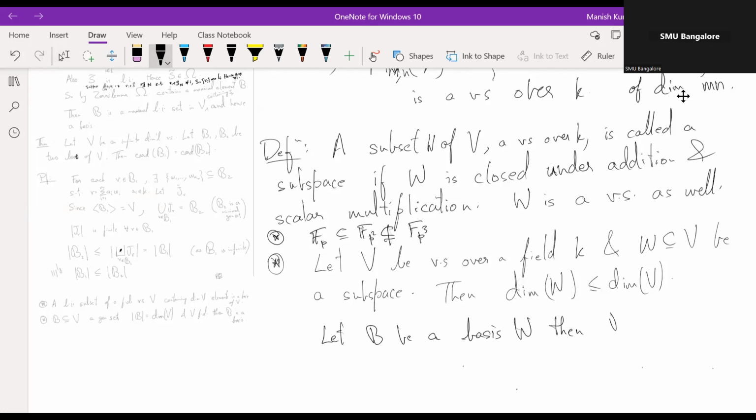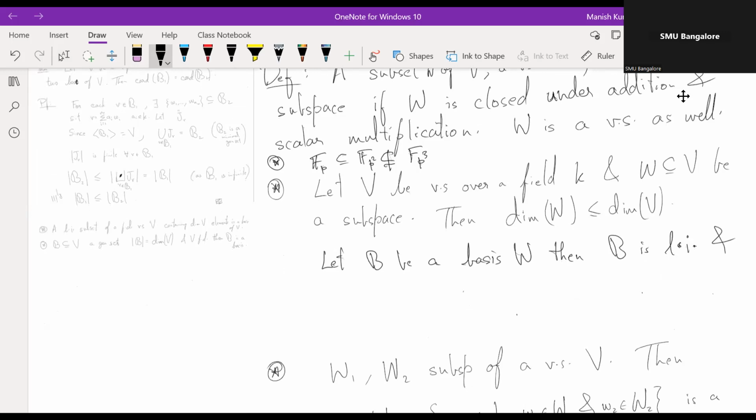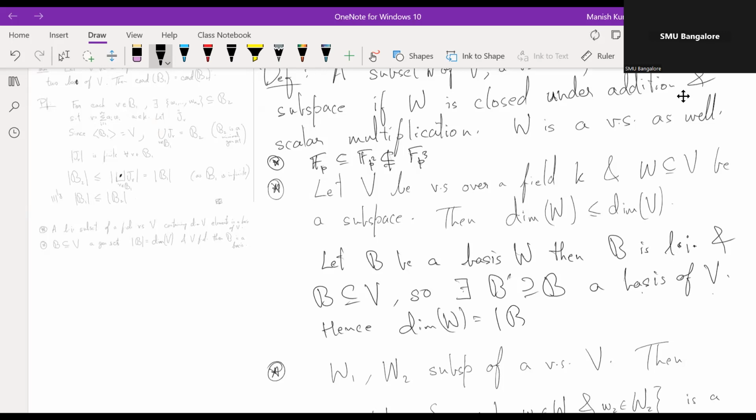So B is linearly independent and B is contained in V. So there exists B prime containing B, a basis of V. Hence the dimension of W, which is the size of B, is less than or equal to the dimension of V, which is the size of B prime.